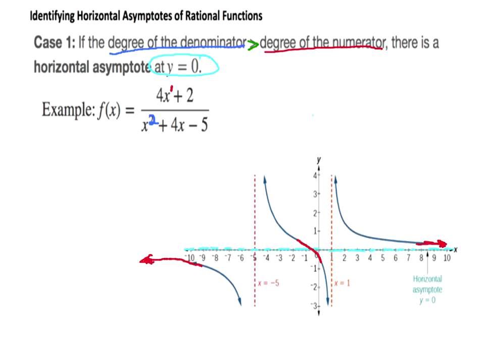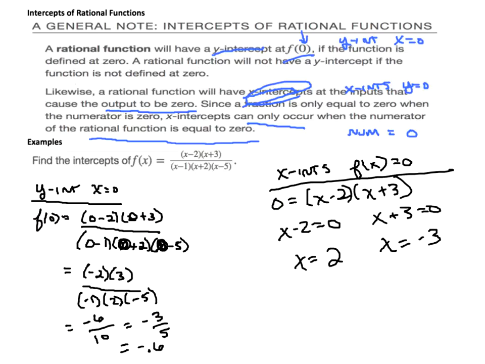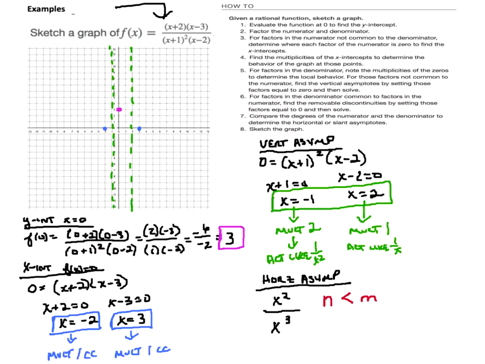Yep. The degree of the numerator less than the degree of the denominator, you're going to have a horizontal asymptote at y equals 0. So that was the case with the problem we're working on.